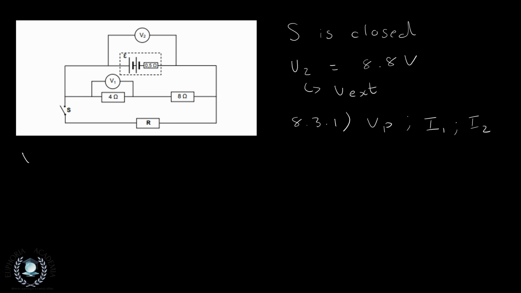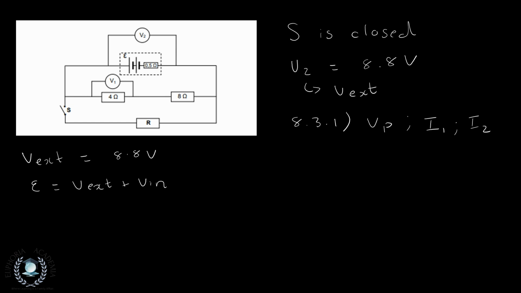So as stated before, our V external is going to equal our 8.8 volts, and we know that our EMF is actually equal to our V external plus our internal voltage. All right, so how do we get our V internal?